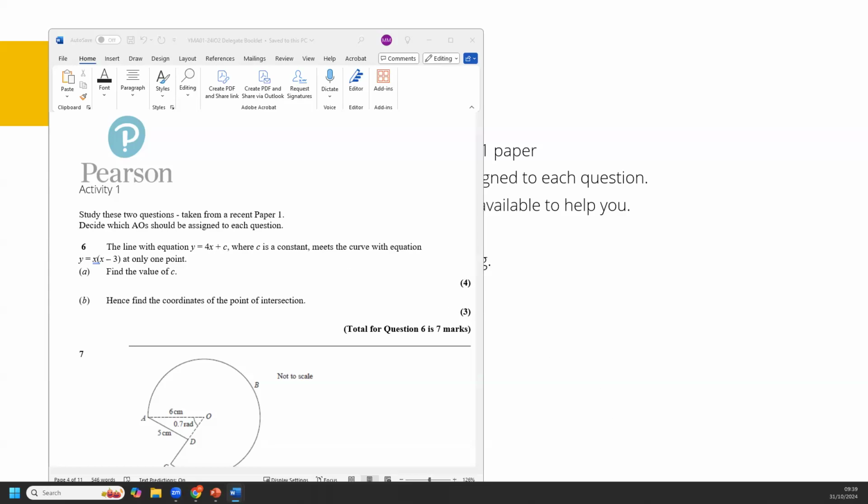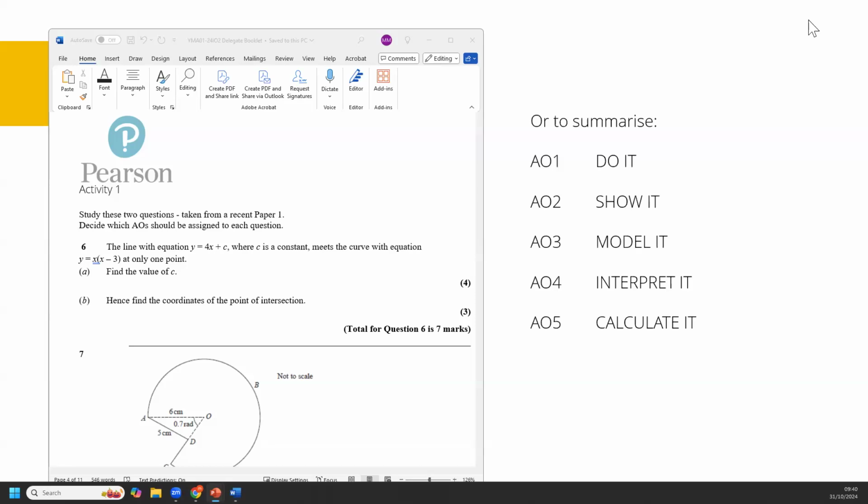Let me try and get this from the slide. So it might be better to bring this on this slide here. So that's the summary of them.